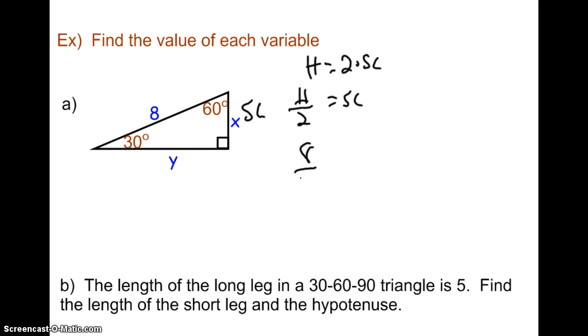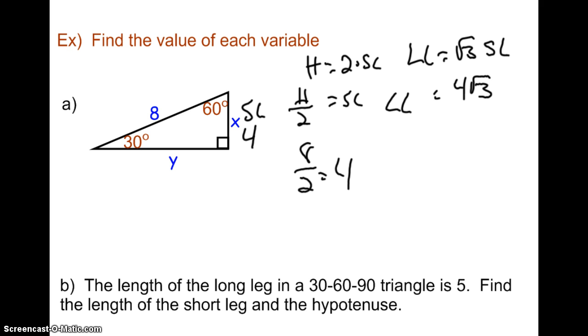So 8 divided by 2 is 4. So x is 4. Now we know the longer leg is the square root of 3 times the short leg. I know what the short leg is. It's 4. So it's 4 square root of 3. And that's equal to the long leg. And I'm done. Now the important thing here is you always have to have the short leg in order to figure out the other two.